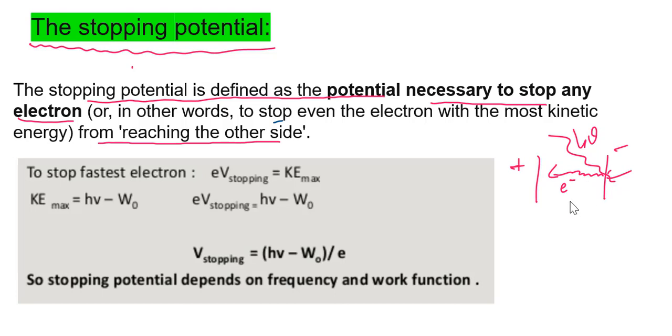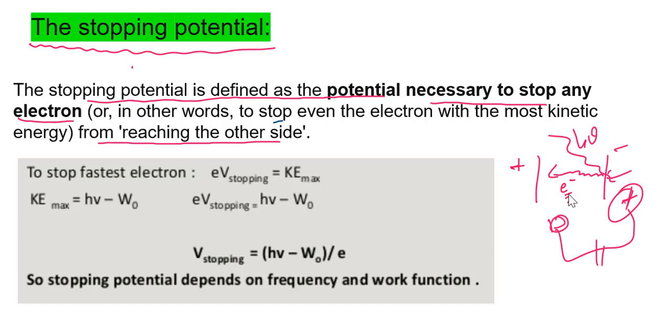If you want to stop this electron, you have to create some electric field. Some potential variation you have to apply, potential opposite. So I am applying a positive potential here, I kept a positive electrode here, and I kept a big battery here. So I want to stop this electron.